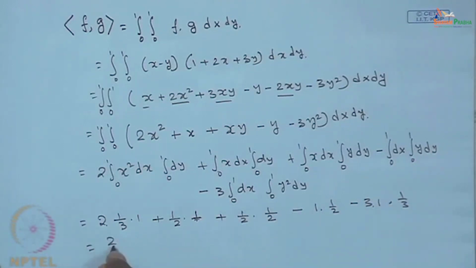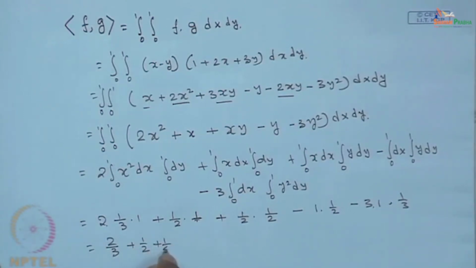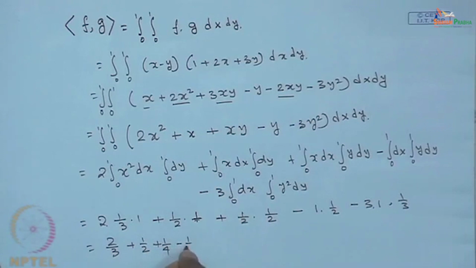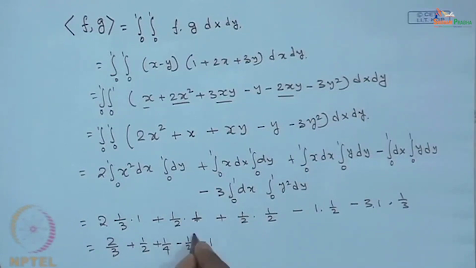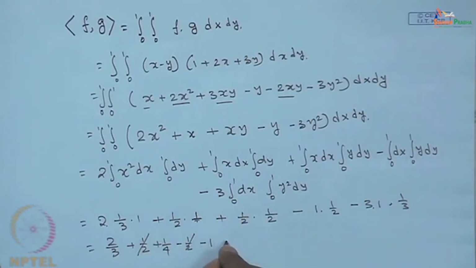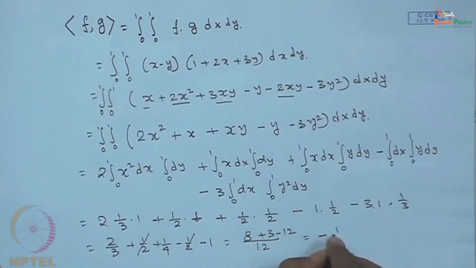So, you will be getting 2 by 3 plus half plus 1 by 4 minus half minus 1. So, half will be cancelled out. So, it will be 12 as common denominator: 8 plus 3 minus 12, so it will be minus 1 by 12. So, that is the inner product between the two functions f and g.